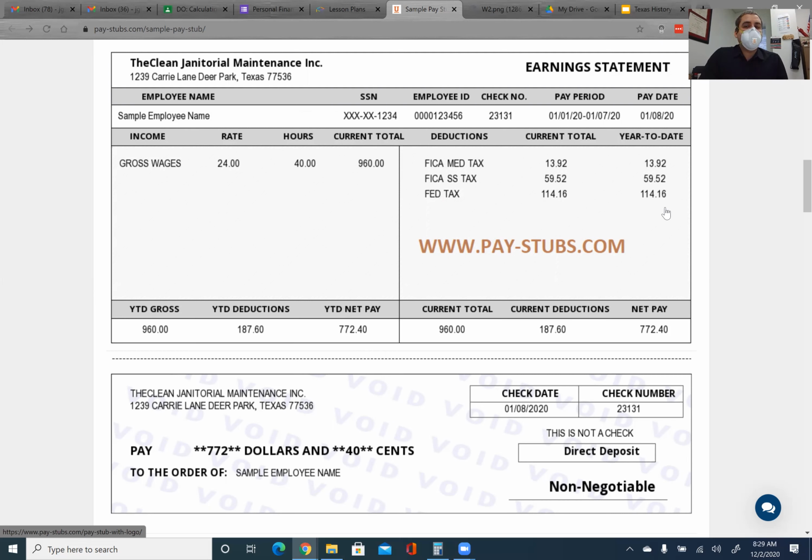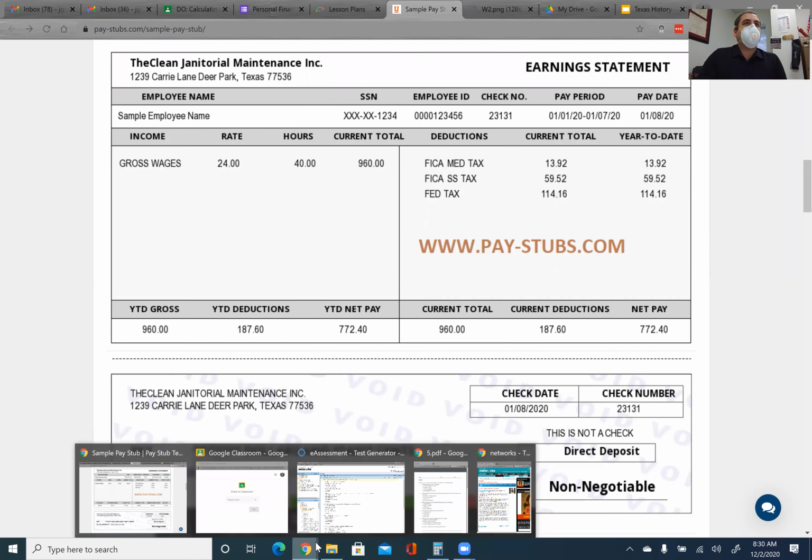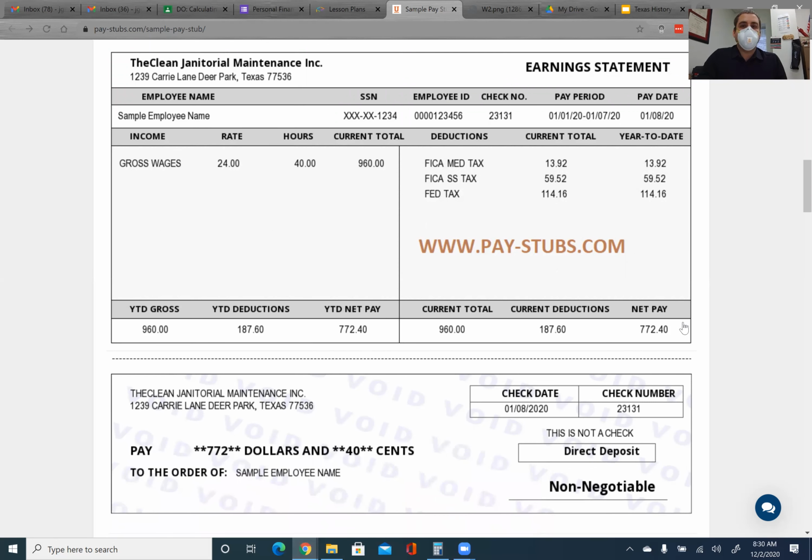This year to date category here, here, and here is going to increase. It's going to be a cumulative total through the course of the year. So that's how to decipher a pay stub.